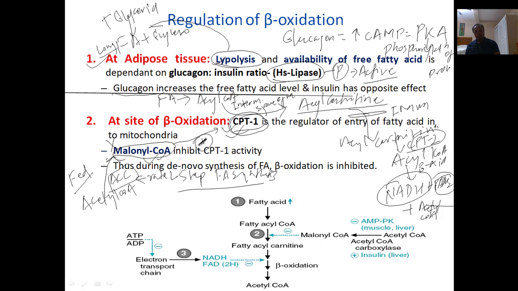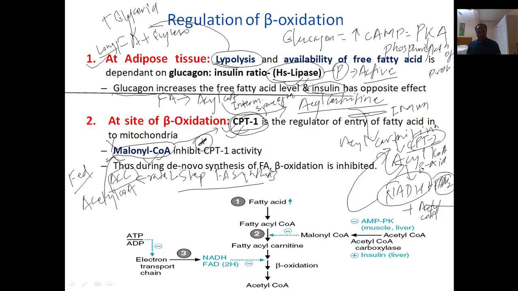During fasting condition hormone sensitive lipase is phosphorylated, and in fed condition it is dephosphorylated by insulin. So this enzyme in adipose tissue will undergo phosphorylation as well as dephosphorylation. These are the two important steps. One thing always happens in metabolism: when there is high product, it will inhibit beta oxidation.